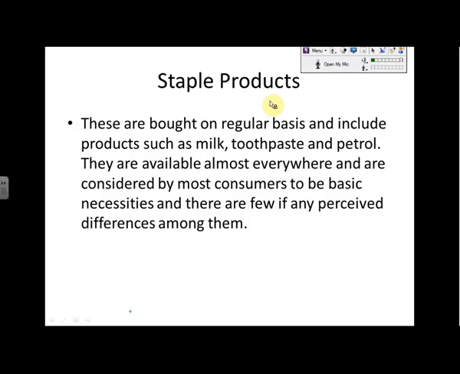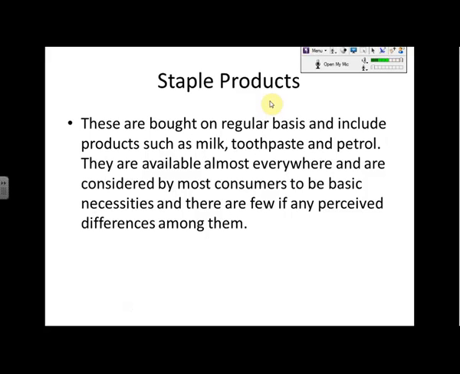The next part we are going to deal with are the staple products. These are bought on a regular basis and include products such as milk, right. So staple foods fall under what? They fall under convenience foods. And we have seen examples: toothpaste, milk, petrol, bread.